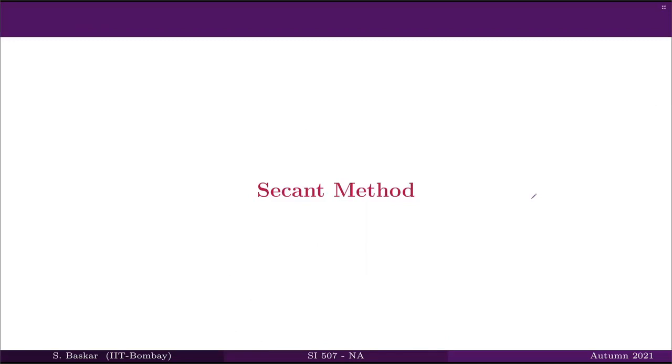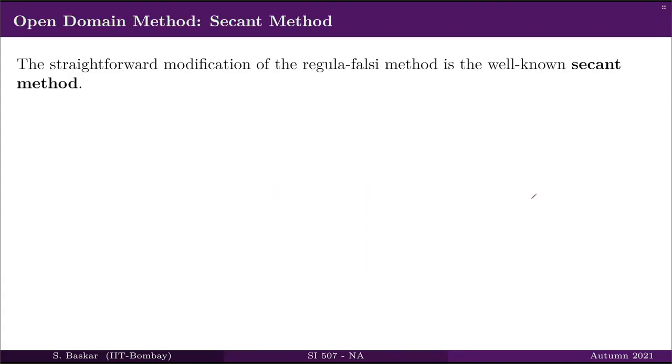It is exactly the same as the regular false position method. The only thing is that we don't need to locate a root of our equation, which is the first and foremost step of the regular false position method.